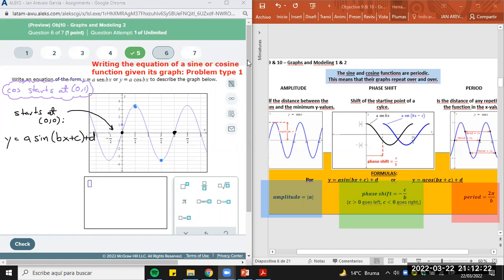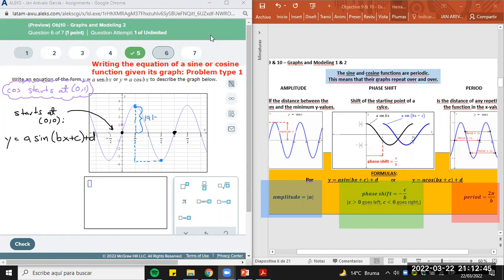The next thing you have to do is identifying the maximum and the minimum points, the upper point of the graph and the lower point of the graph, and then the halfway of that distance is what we call the amplitude.